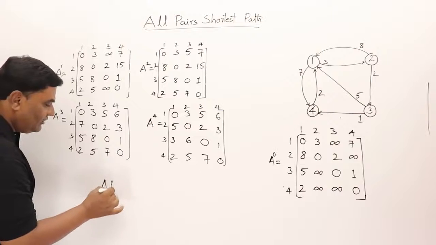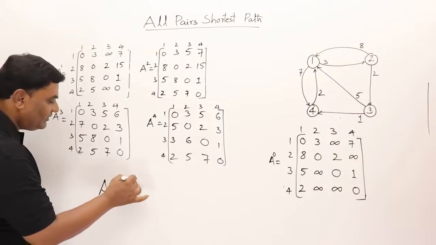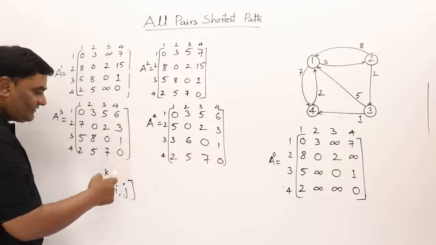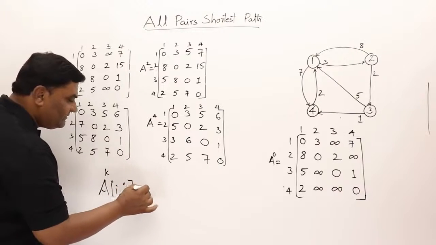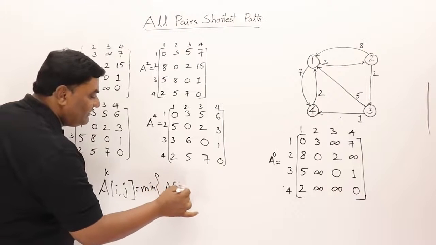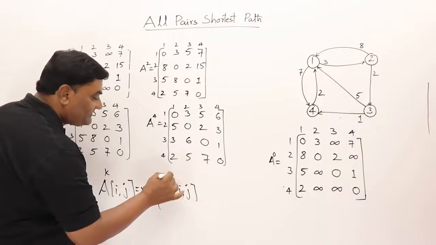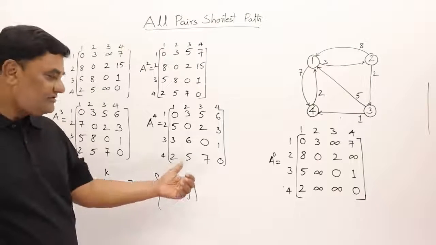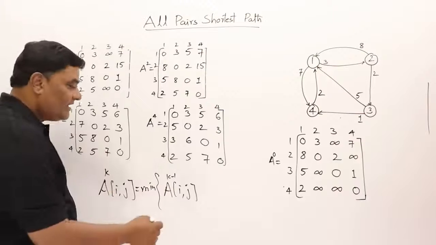For getting A of i comma j for any intermediate vertex, I was taking the minimum of A of i comma j from which matrix? Previous matrix, that is k minus 1. If I am generating the kth matrix, then I was taking value from k minus 1.